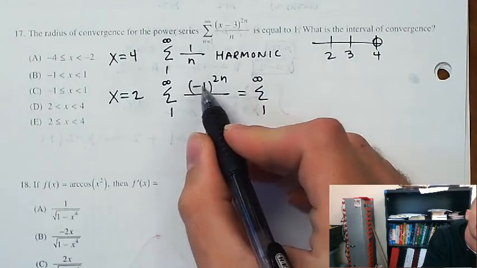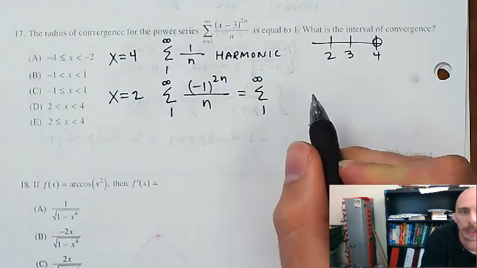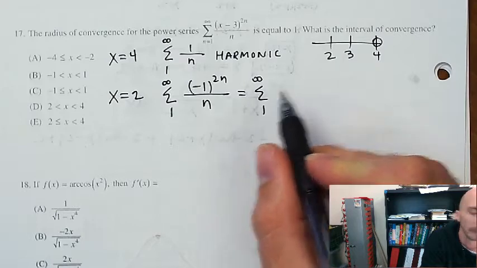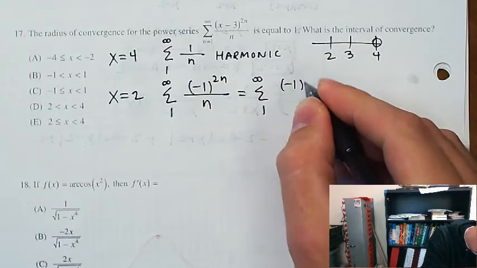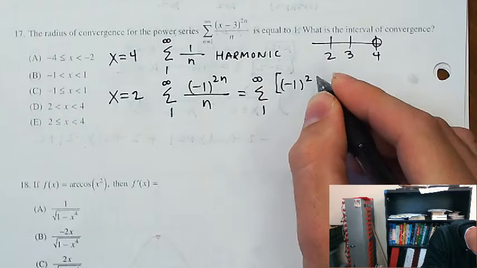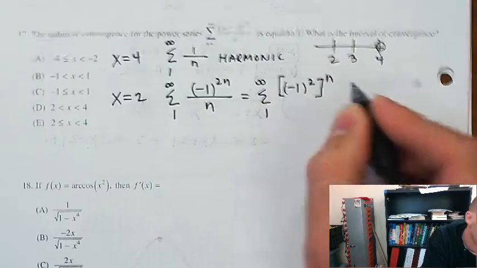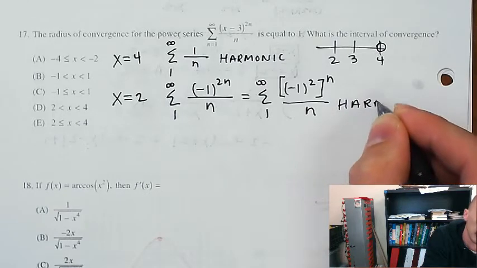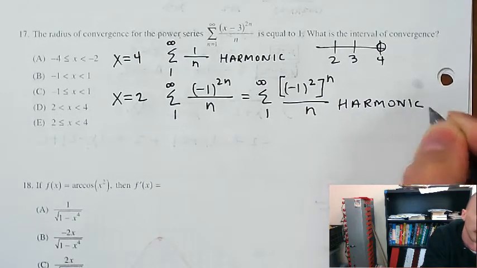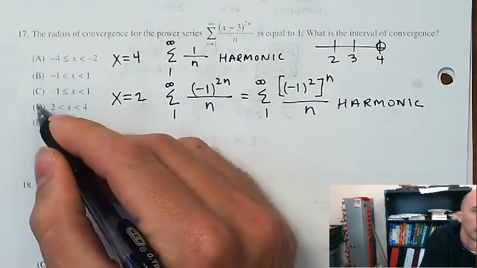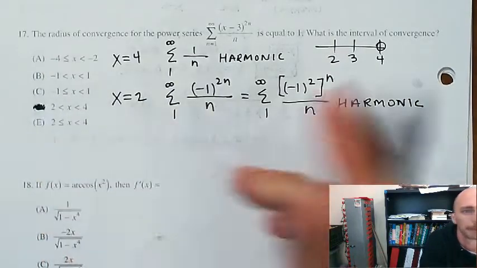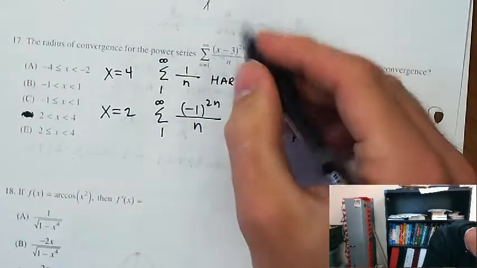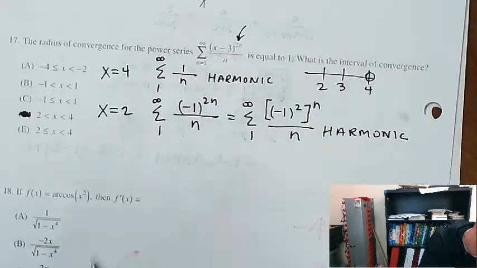Negative 1 to the 2n is like negative 1 squared to the n, and negative 1 squared is positive 1. So this is going to be harmonic again. And so I'm going to choose answer choice D. And it was really that 2 right there that caused the issues.